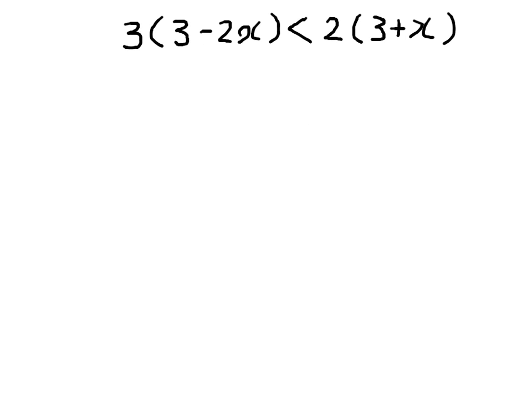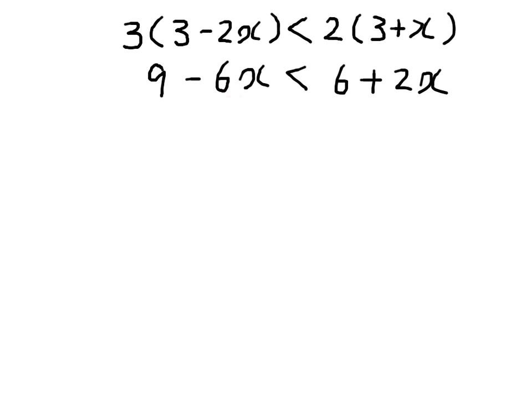For this question, I'm going to expand the brackets first, so I will first do 3 times 3 and then 3 times minus 2x, and 2 times 3 and 2 times x. So 9 minus 6x, and the other side will be 6 plus 2x.